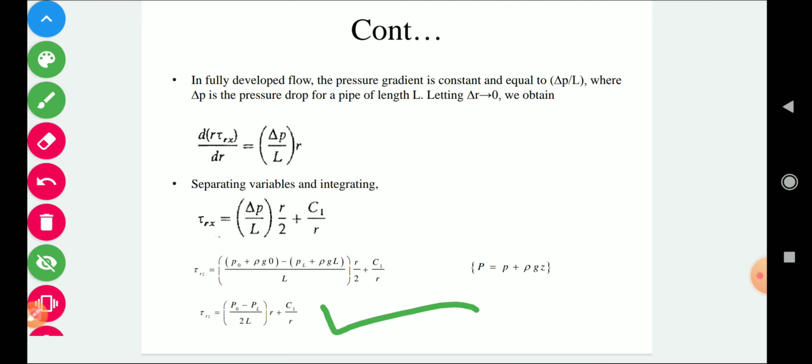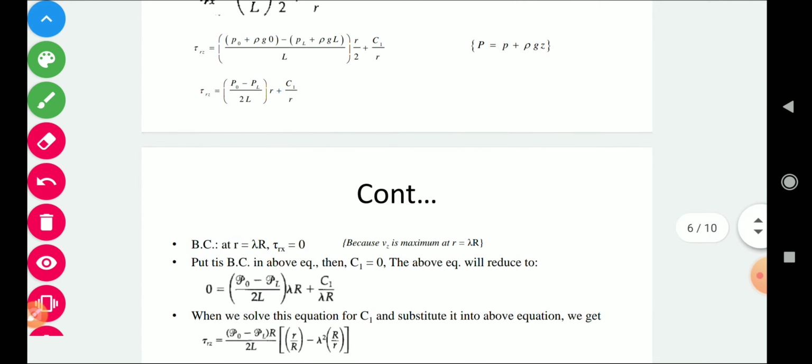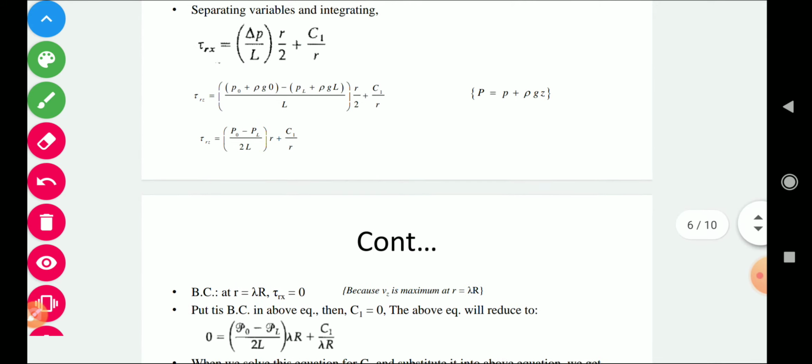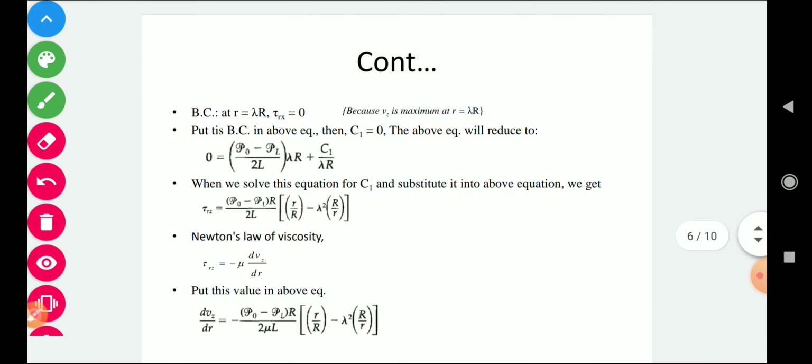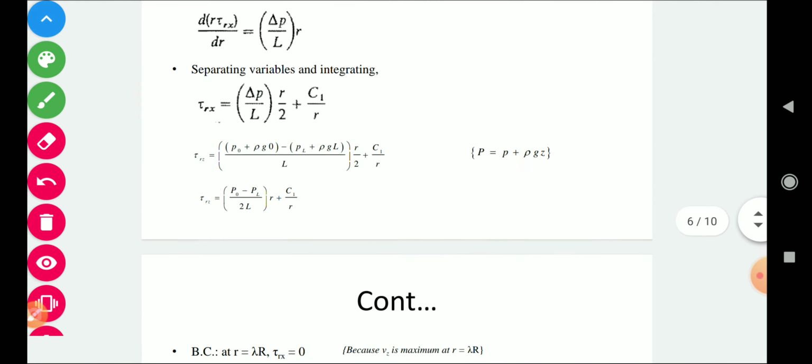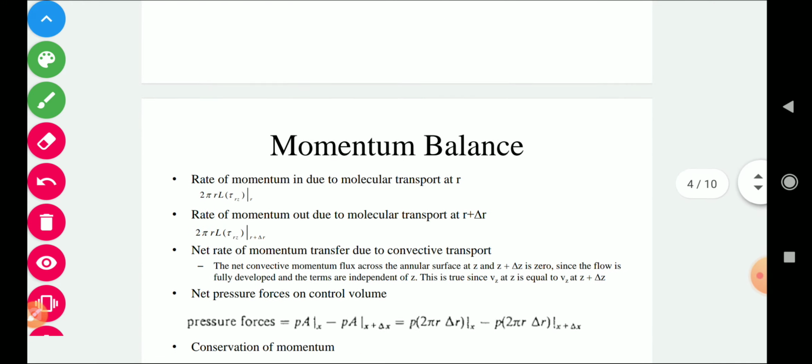Now to solve this equation we have to calculate the value of the integration constant, C1. For calculating C1 we require a boundary condition. The boundary condition is that at r equal to lambda R, where lambda R is the radius at which the fluid velocity is maximum, as you can see in this diagram.